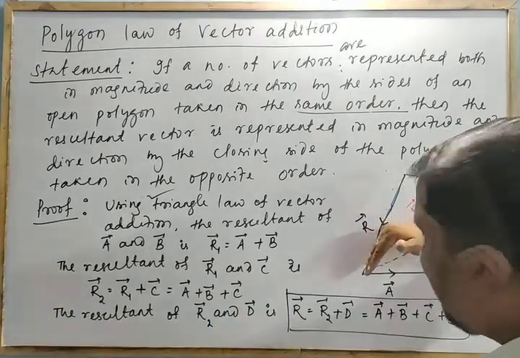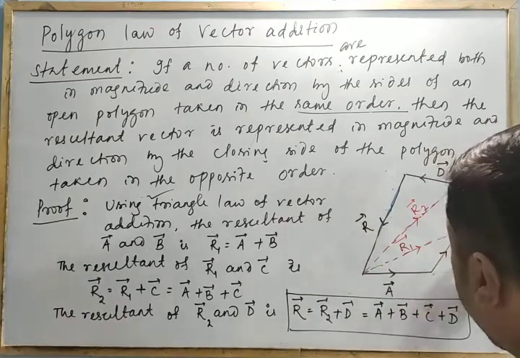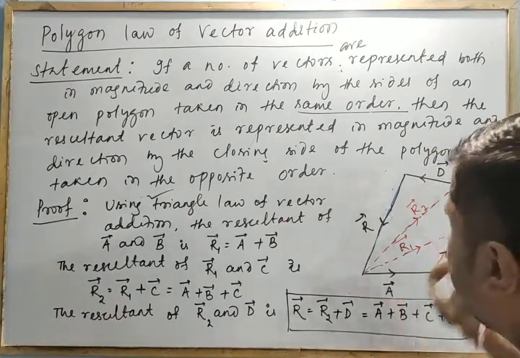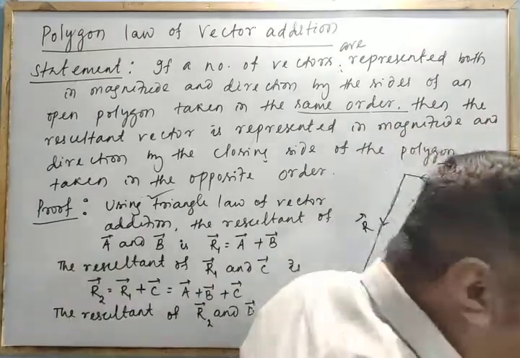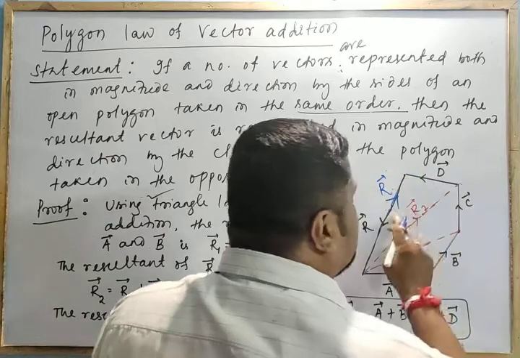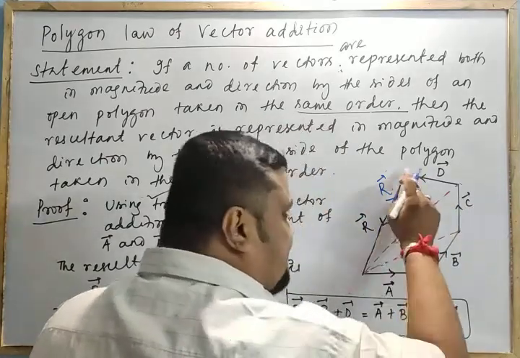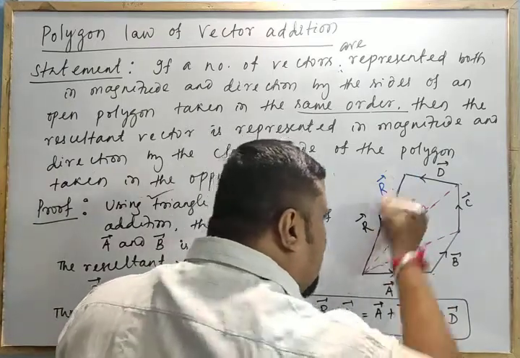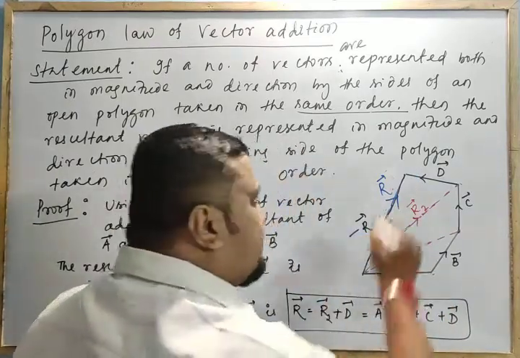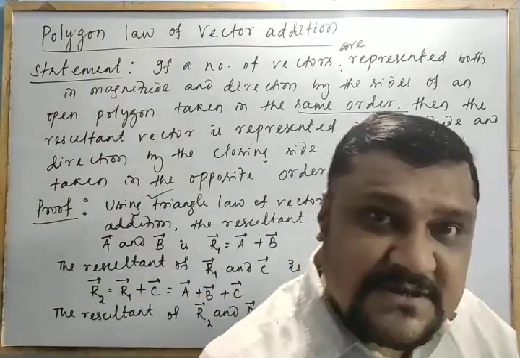So now we are applying an R vector which is opposite to the resultant of A, B, C, D. Means at this place you are applying another vector in the opposite direction, that is your minus R. So the sum of these two is 0. That is a 1 mark question.